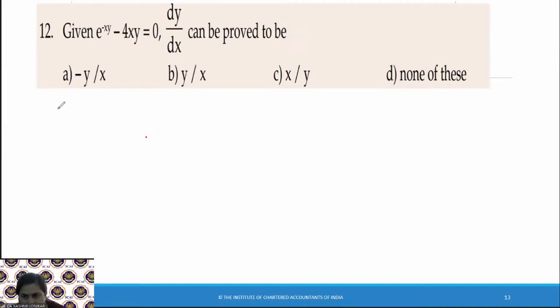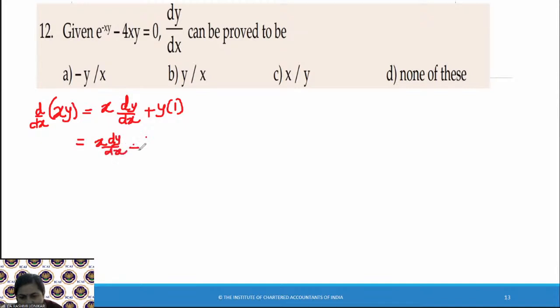So we have xy. So xy, when I find the derivative of d by dx, this is equal to first function into derivative of second, that is dy by dx, plus second function into derivative of first function. Derivative of x is 1. So d by dx of xy is equal to x dy by dx plus y.